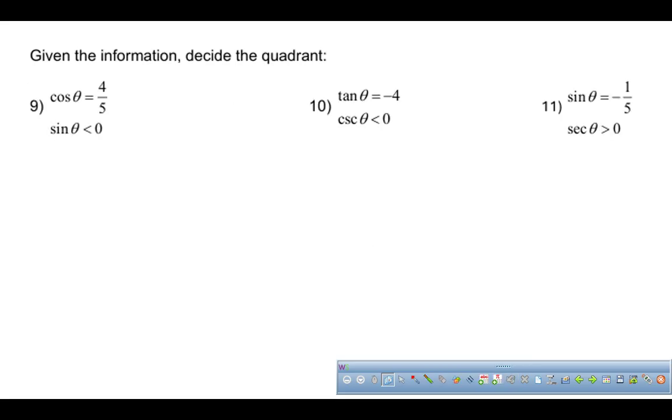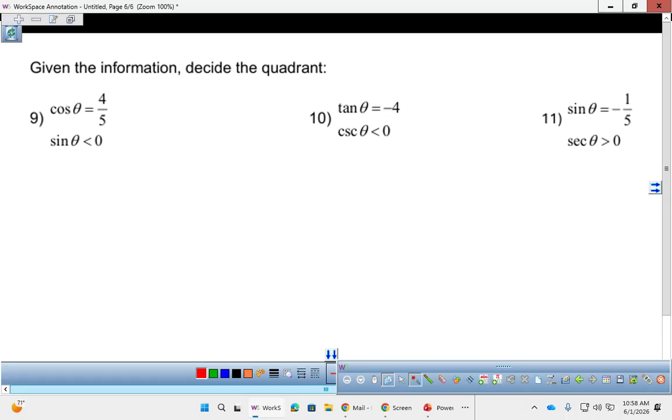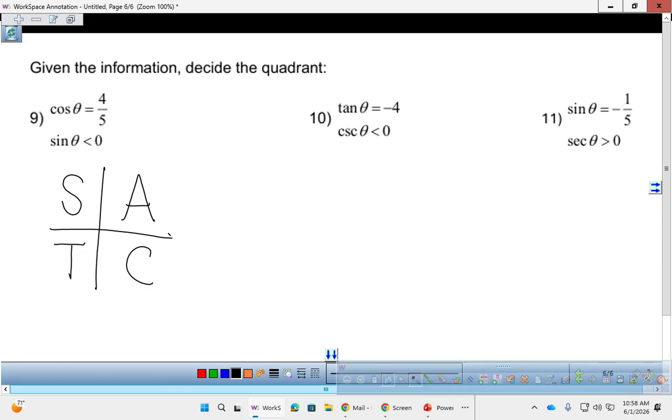All right, given the information, decide the quadrant. So we learned this thing that says All Students Take Calc. And what it means is every single trig function that we know is positive in quadrant 1.